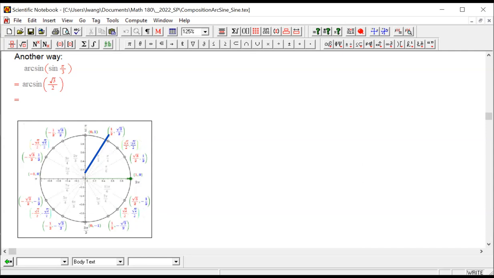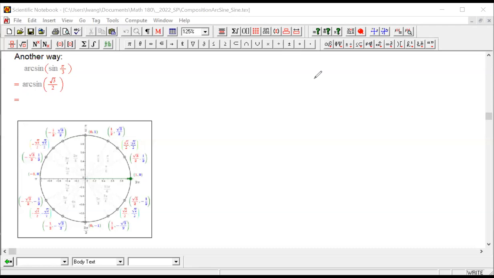So we have done the inside. When we do the inside, we apply the definition, which is the blue number right there.